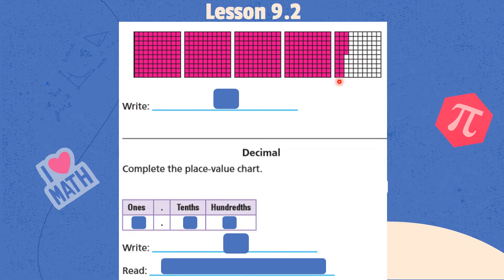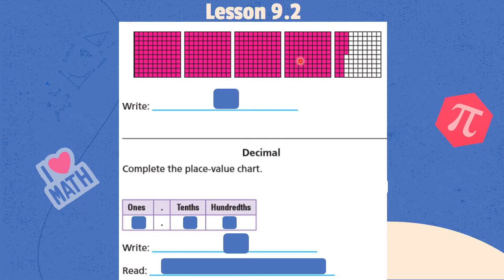And then we can count this part. 1, 2, 3, 4, 5, 6, 7, 8, 9, and 10. Each line consists of 10. Each line has 10. Okay? So that's why this is 10. If we count, 10, 20, 30, 40, 50, 60, 70, 80, 90, 100.